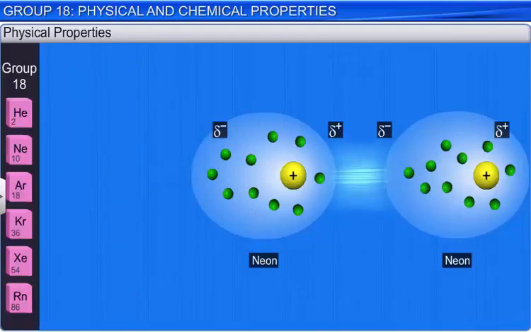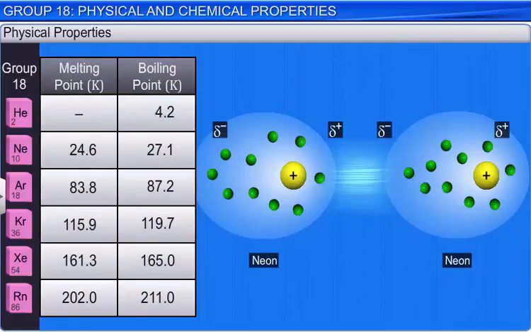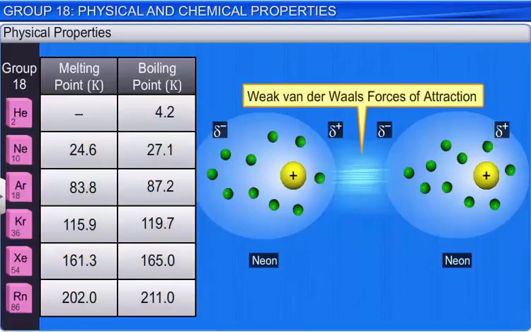You can see from the table that the melting and boiling points of these elements are very low. This is, in fact, due to the weak van der Waals forces of attraction or weak dispersion forces.